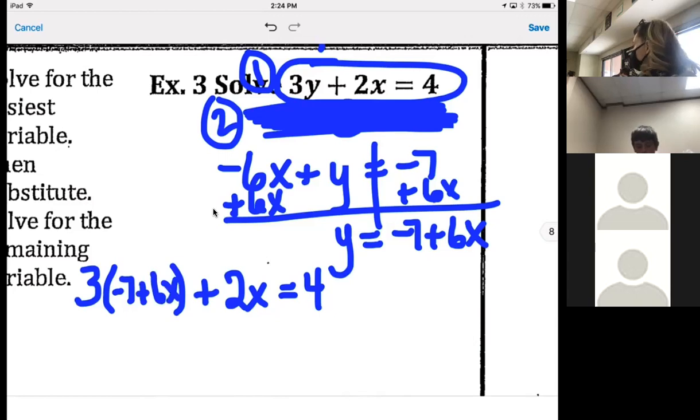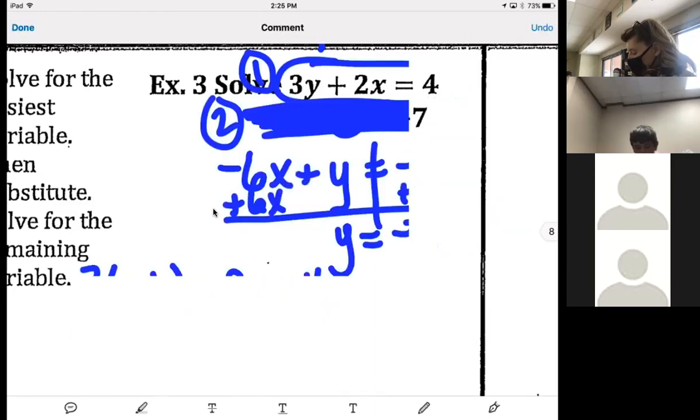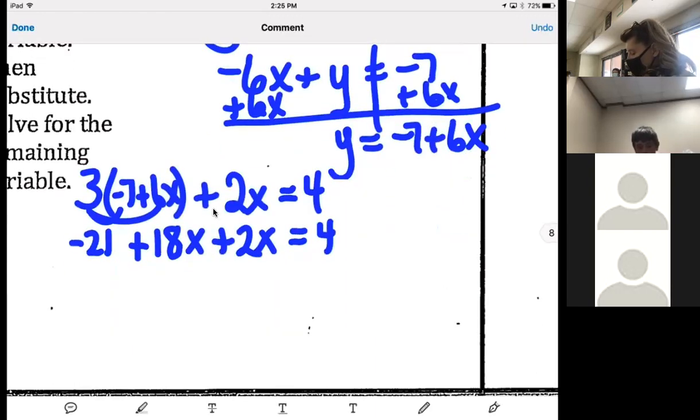And now I'm going to distribute that through. So that's -21 plus 18x plus 2x equals 4. Any like terms I can put together? The 2x and 18x. Okay, that gives me 20x.